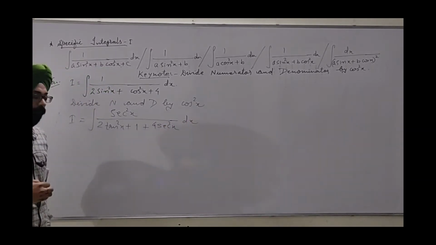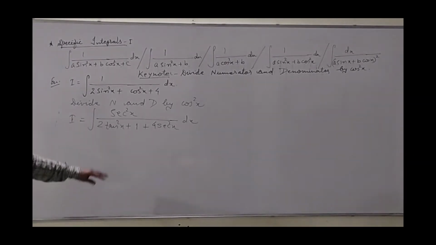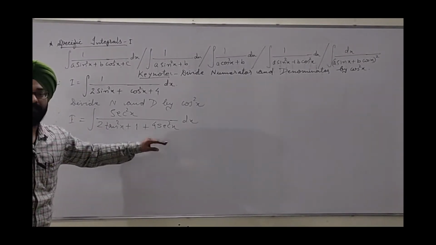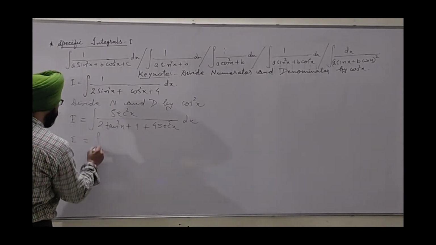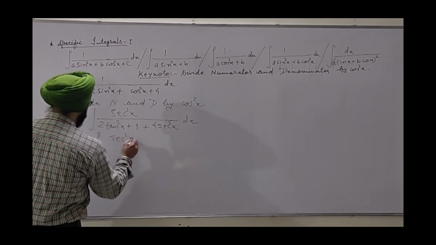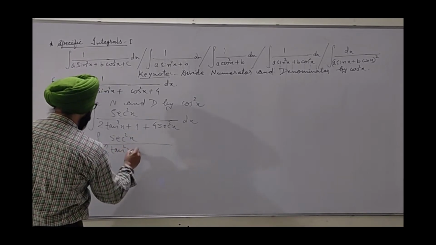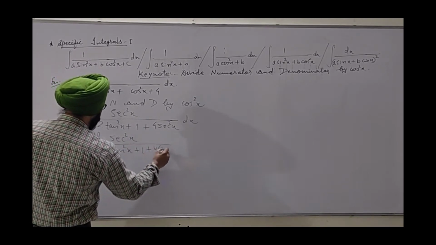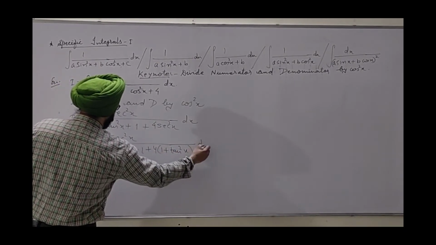Now step number 2. When we complete the division by cos square x, we should convert the denominator completely in terms of tan. So this sec square can be written, by the identity, as 1 plus tan square x.